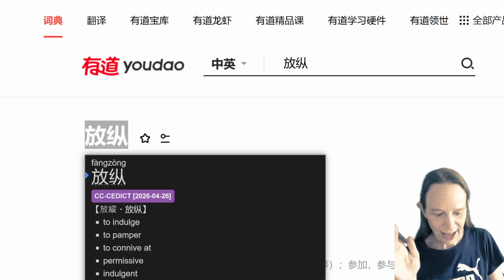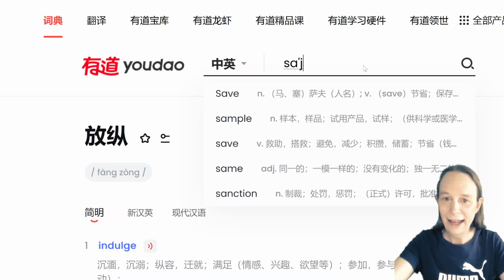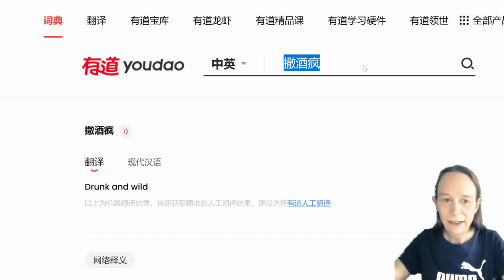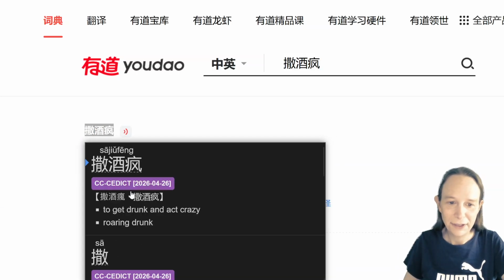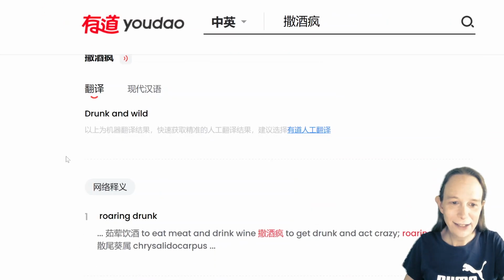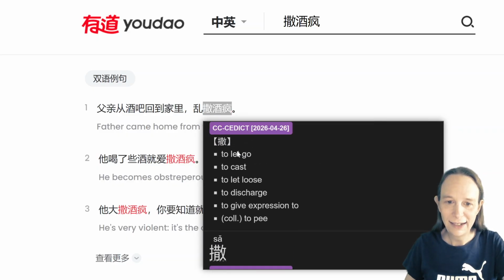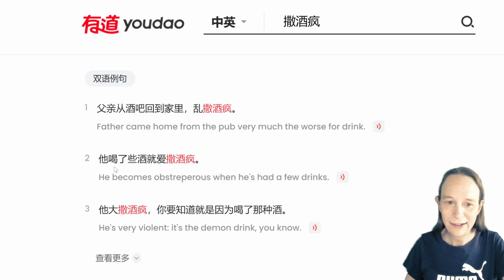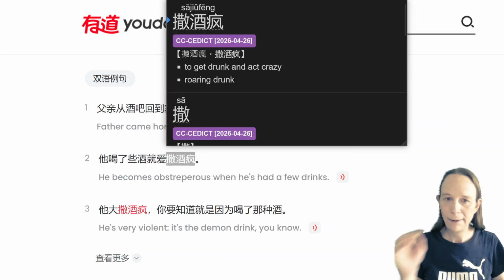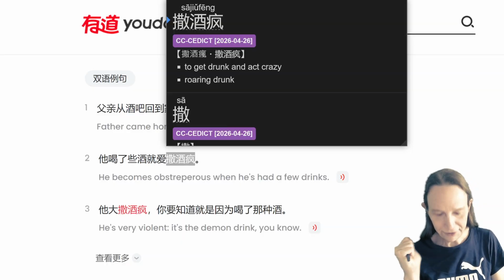Okay. 撒酒疯. What is 撒酒疯? I don't know. 撒酒疯. Getting drunk and going crazy. Is 撒酒 a word or is it just 撒酒疯? 乱撒酒. I don't think 撒酒 is a word, right? Okay, and 疯丫头.